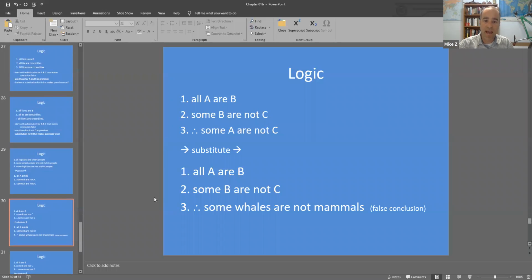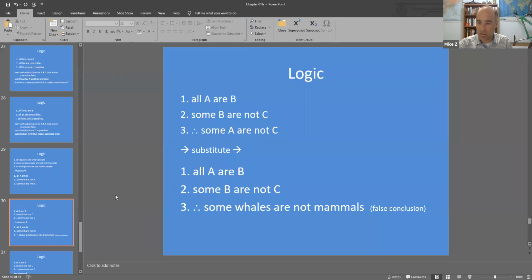And then once you've got that, start substituting in some things to force the conclusion to turn out to be false. So let's see here. What could we substitute in for A and C to make the conclusion false? Well, I could say all whales are not mammals. So for A, I'd put in whales, and for C, I'd put in mammals. Well, this is clearly a false conclusion.